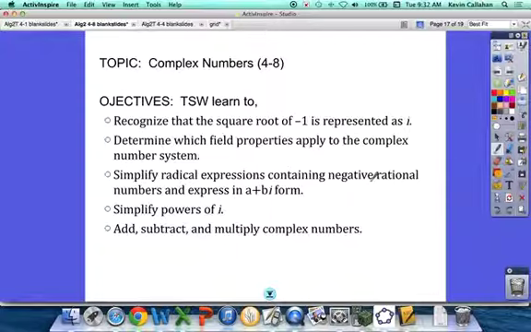Simplifying square roots, radicals, and ending up with something of the a plus bi form, standard form. Simplify powers of i. Add, subtract, and multiply complex numbers. Now we know what they mean by that.